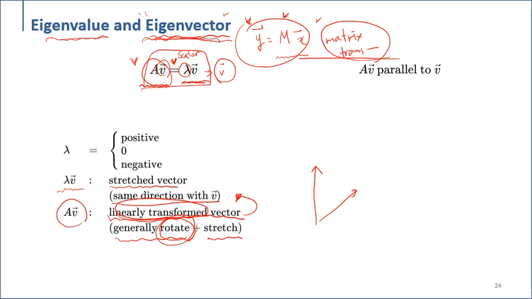In general, most other vectors would be changed like this. But for special eigenvectors, the linear transformation keeps its original direction. So that's the physical or mathematical meaning of eigenvalue and eigenvector.